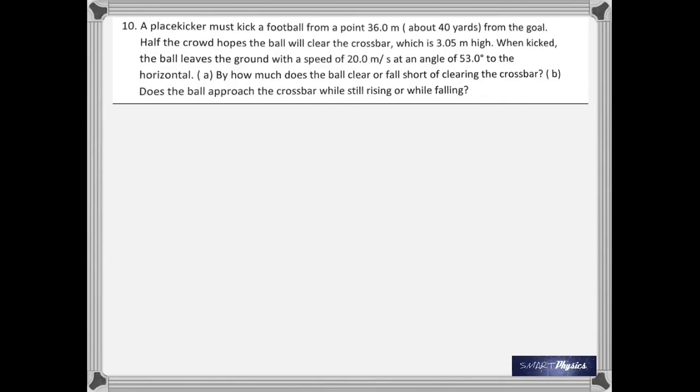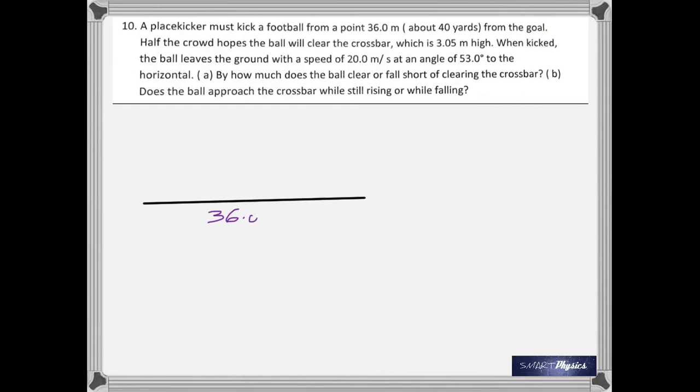Takes us to the last question. The place kicker kicks a football from a point 36 meters from the goal. The ball leaves the ground with a speed of 20 meters per second at an angle of 53 degrees to the horizontal. By how much does the ball clear or fall short of clearing the crossbar? Nice question. Let's get the diagram first.